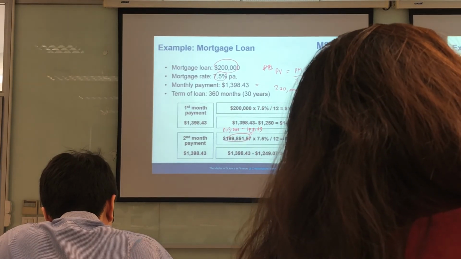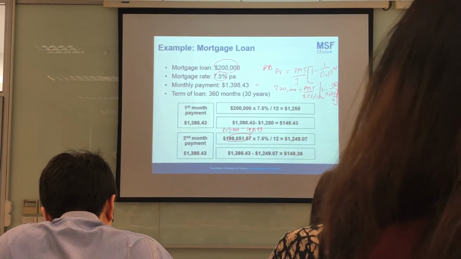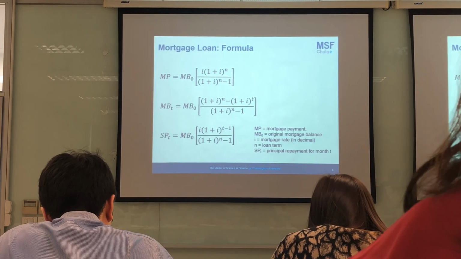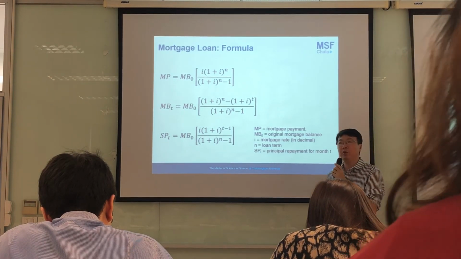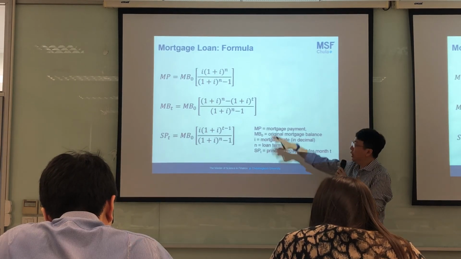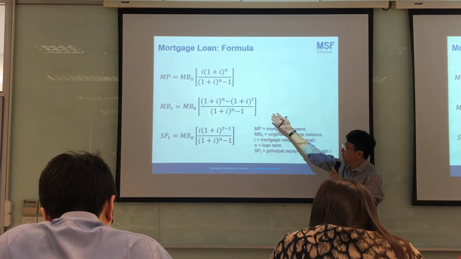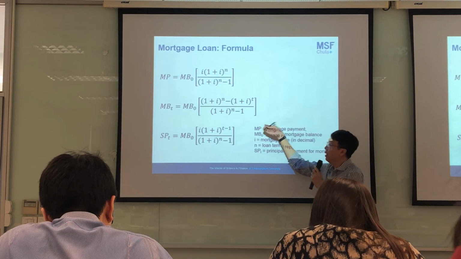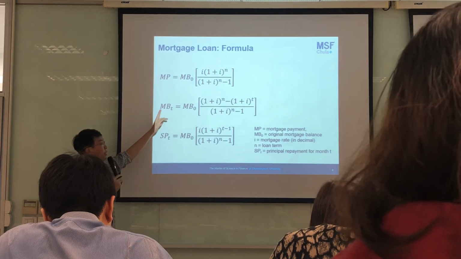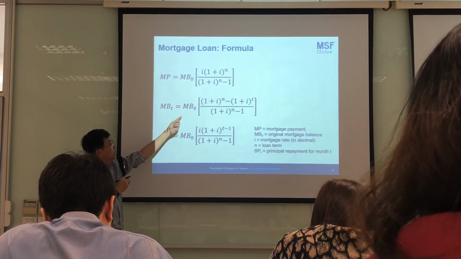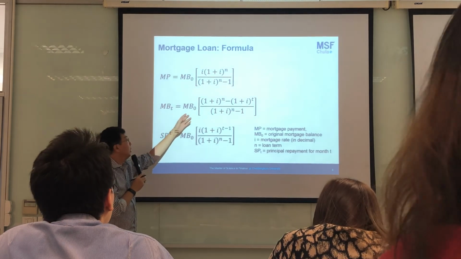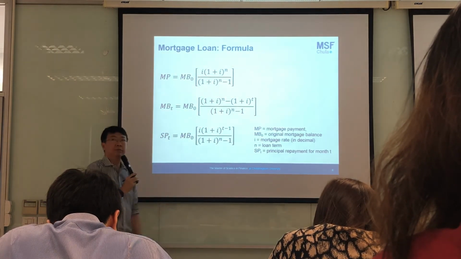You may have been asked, when you choose the preterm cost, what would be the loan outstanding when you have paid for 10 years? Actually, we don't need this formula, but you can also use it to answer this question. The mortgage balance or loan outstanding at any time t would be equal to the initial loan outstanding MB0 multiplied by this term.